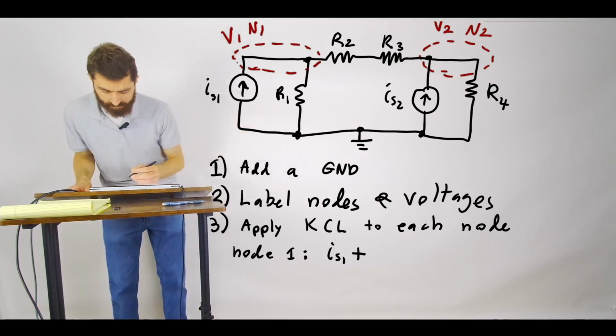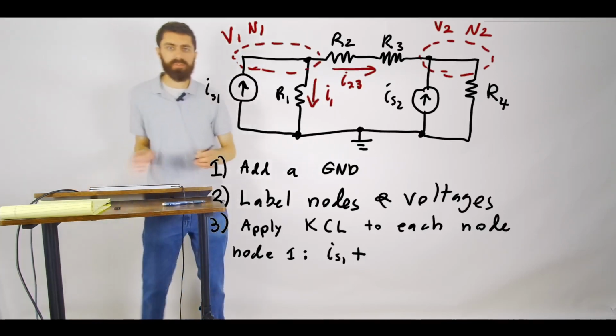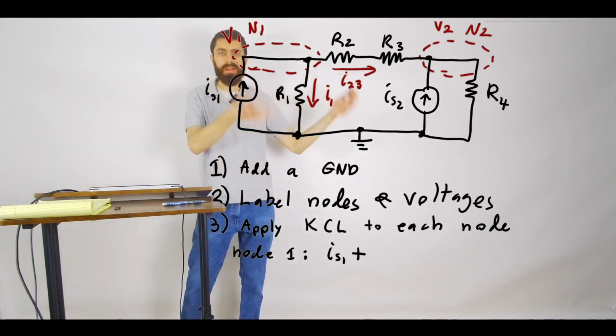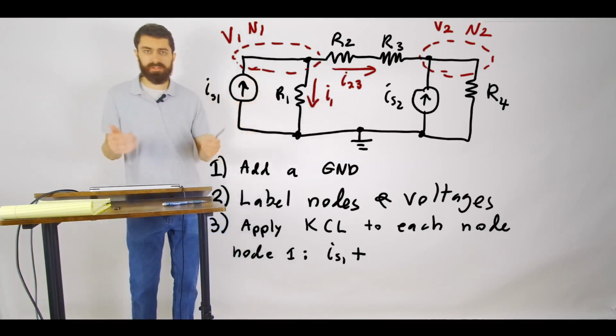So I'm going to label this one IR1, and then this one, actually I could just call this I1. That's easier. And then I2, I3. So you can go ahead and label your currents. The direction doesn't matter. Again, the math will all work out. You just have to be consistent.